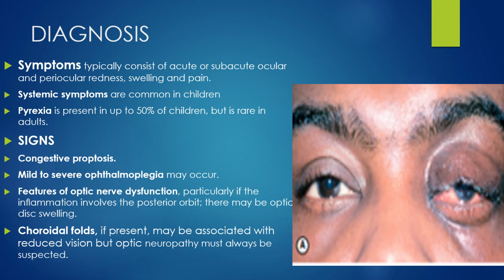On examination the patient presents with congestive proptosis, mild to severe ophthalmoplegia, and features of optic nerve dysfunction: reduced visual acuity, relative afferent pupillary defect, and central or cecocentral scotoma.